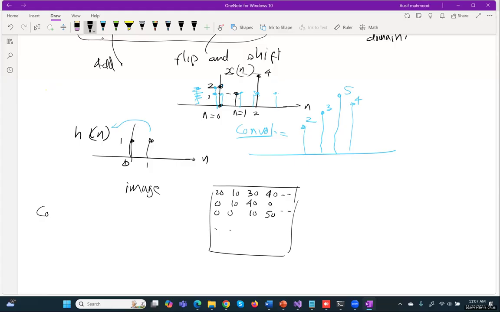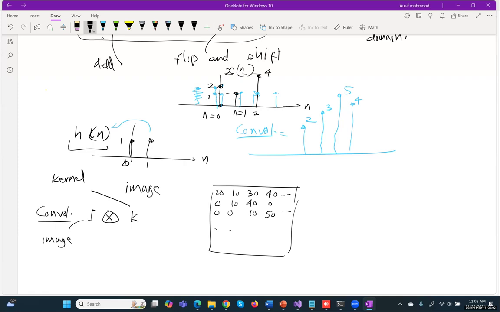And what we want to do is we want to do a convolution of this image. Suppose this image is called I with some kernel K. So K is like our, in my previous example, think of K like H of n, okay? So K, we refer to it as the kernel, and I is our image, right?